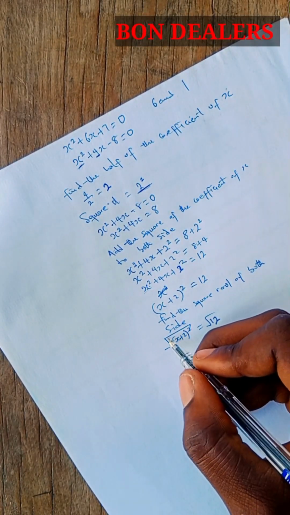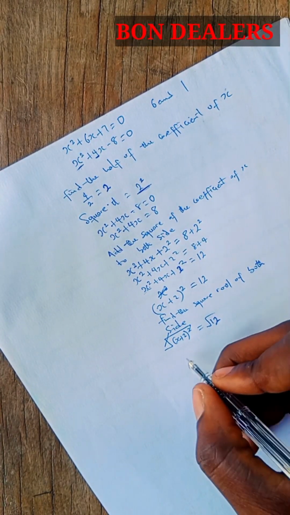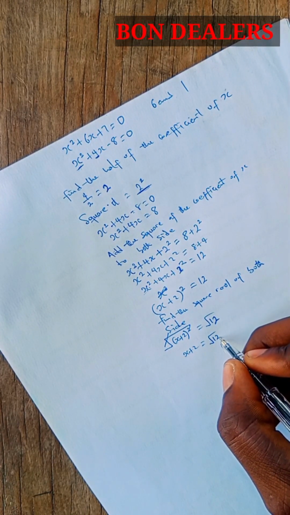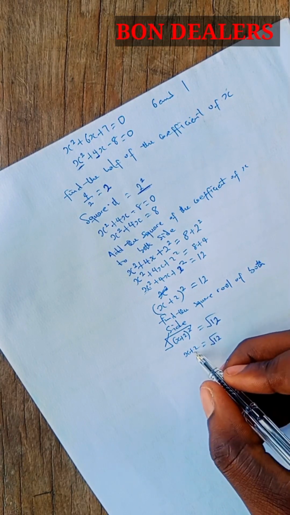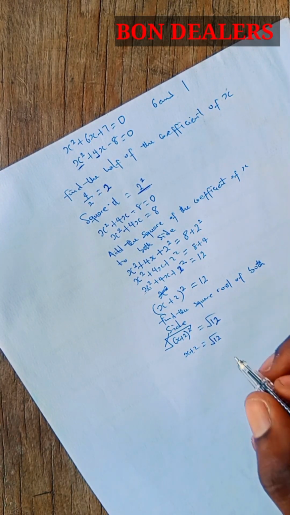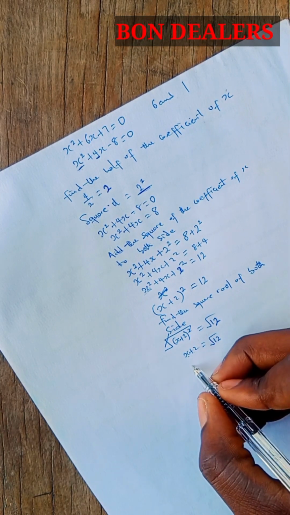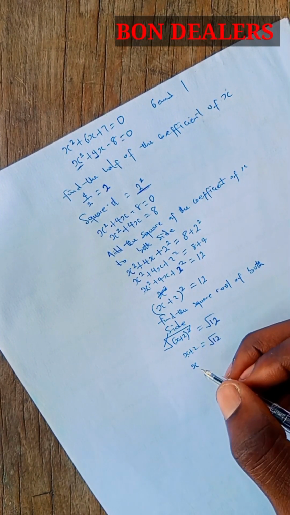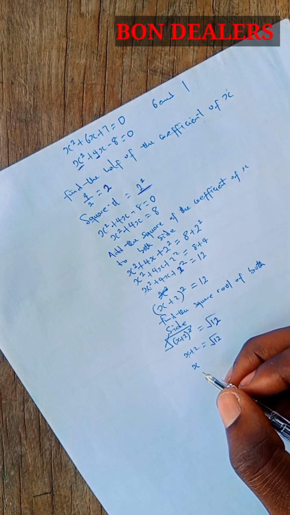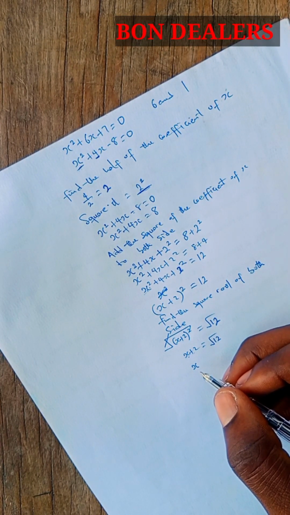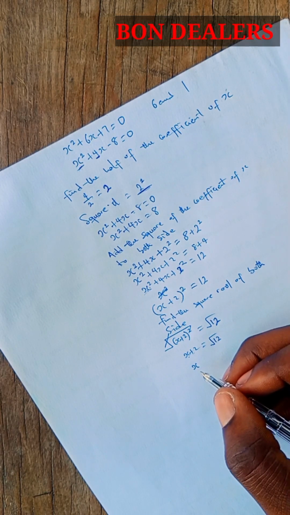So your square cancels your square root, and you have x plus 2 equals the square root of 12. So you transfer this plus 2 to the other side so that you can have x alone. The square root of any number has two possible values, which are the positive and the negative values.